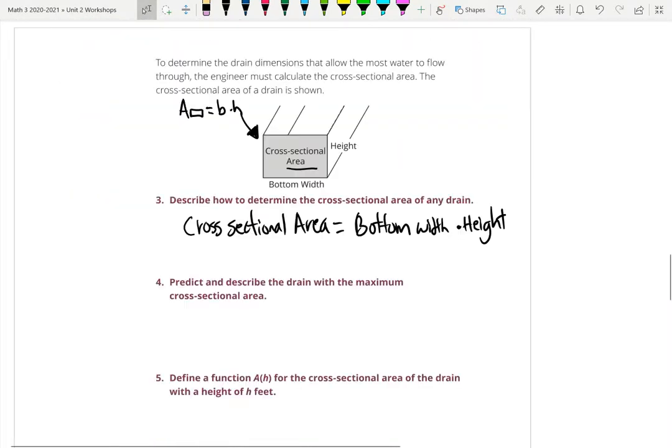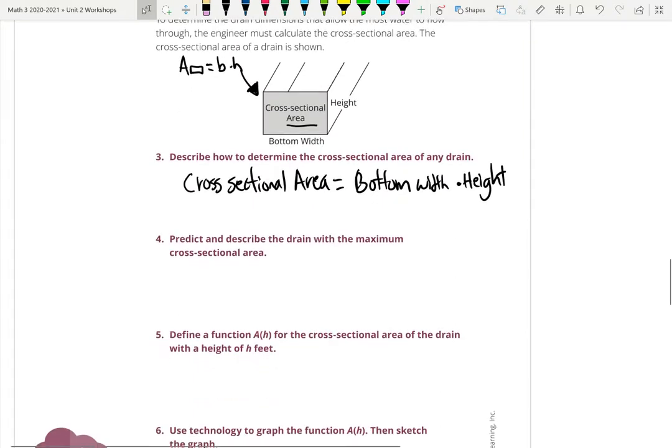So the idea is that to describe the maximal cross-sectional area, a maximum, we want the largest sewer drain, essentially, possible.